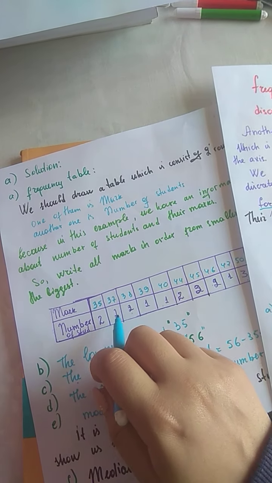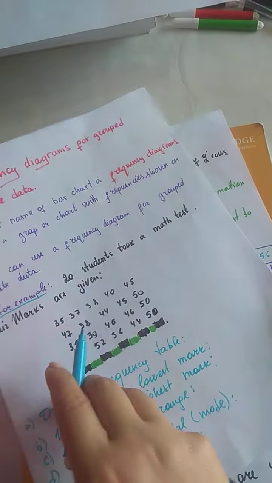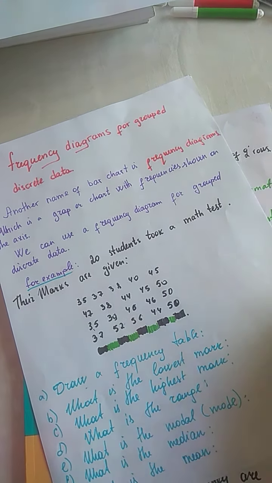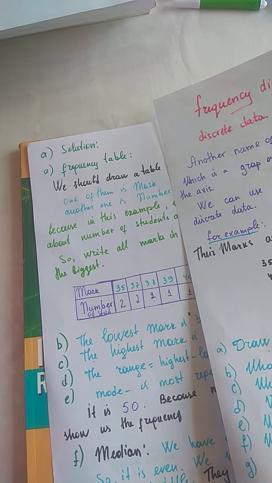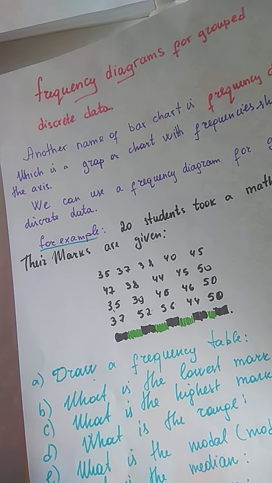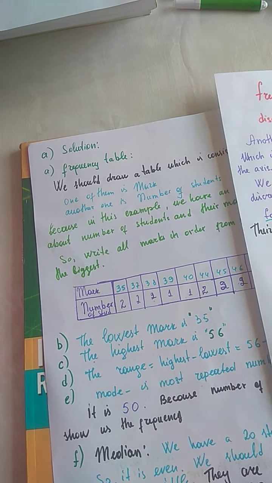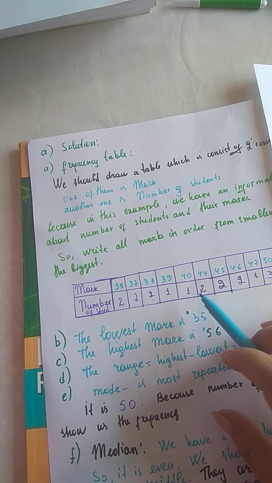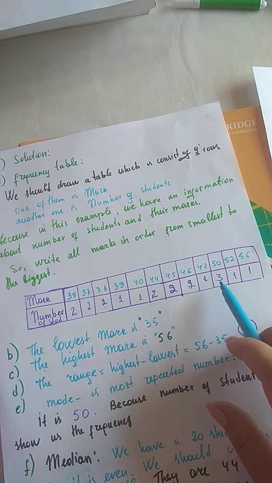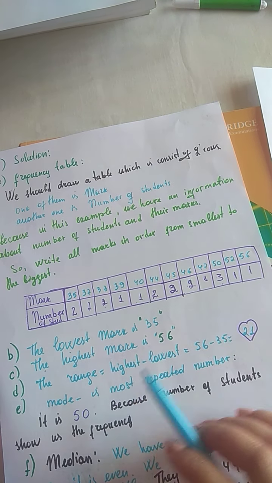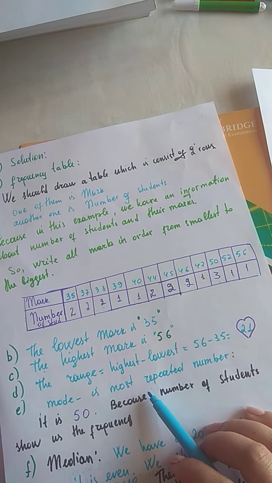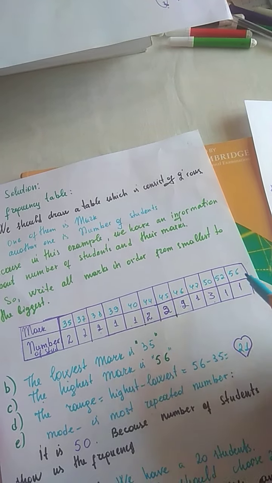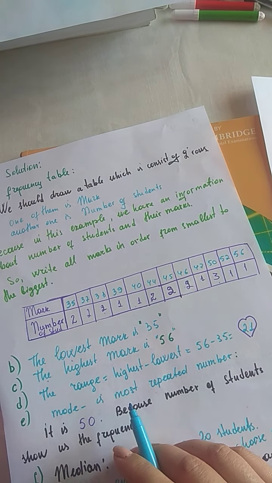Then 37 also 2, 38 also 2, because I found all of them from this table. We have two 38s, so I just wrote 2 in front of 38. Then I have one 39, so this means one student got 39, one student got 40, 2 students got 42, and so on up to 50. 3 students got 50, one student got 52 and one student got 56.